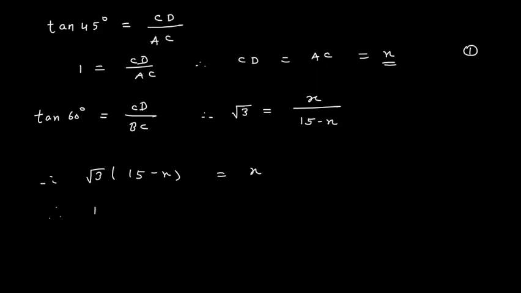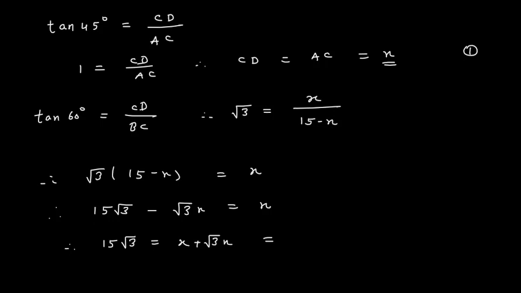So let us open this bracket. Here it is 15 root 3 minus root 3x, and here we get x. This minus root 3x will go on the right hand side, and therefore we get 15 root 3 equals x plus root 3x, that is x plus root 3 times x.